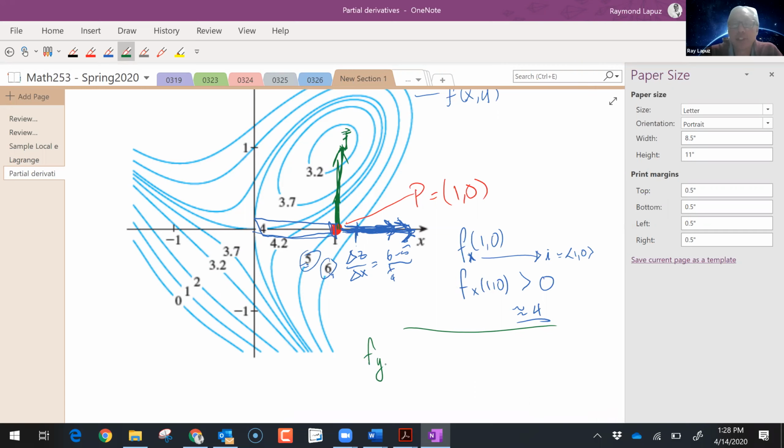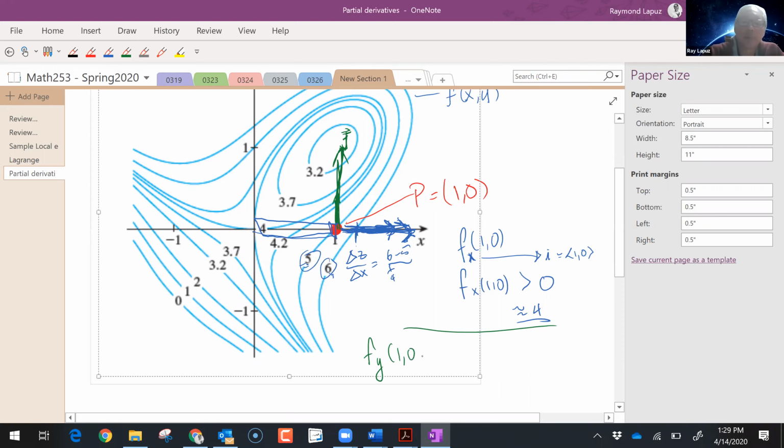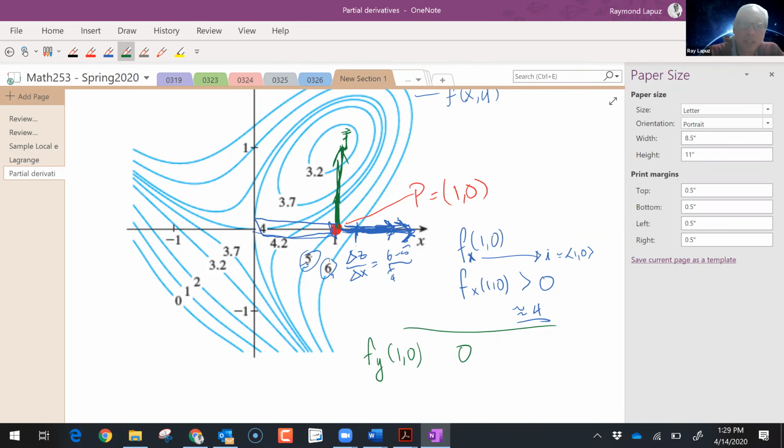The j direction is the y direction. I'm more concerned about not defining the exact value, but determining whether this is positive or negative, or maybe equal to 0. So I'm going from a level of 5, and my next level is 4.2, and then I hit 4, and then eventually get to 3.2 and so on.